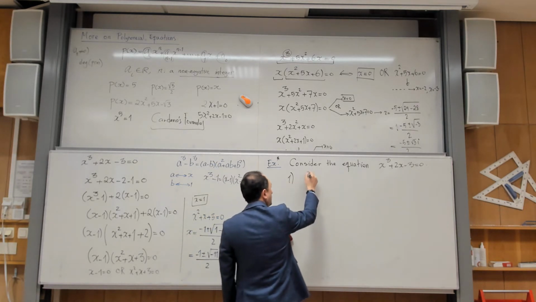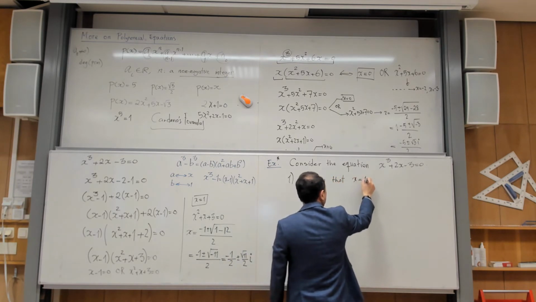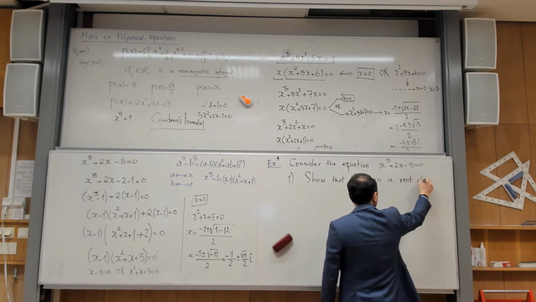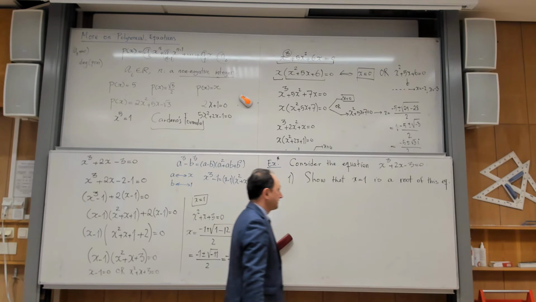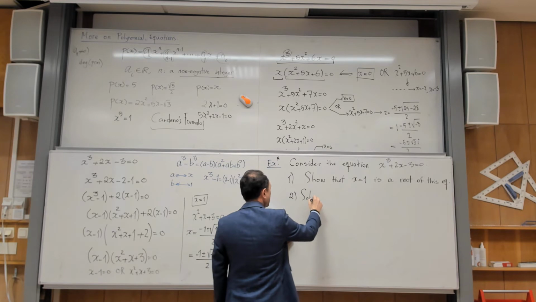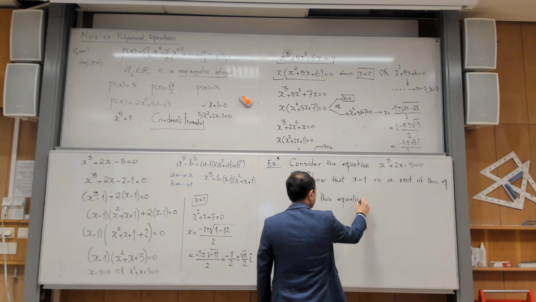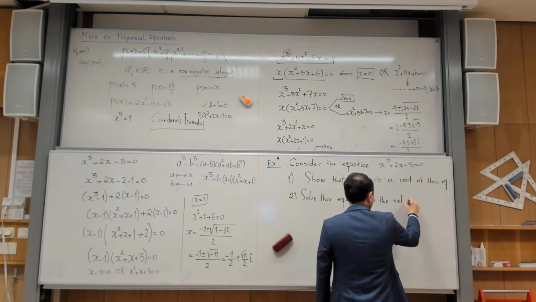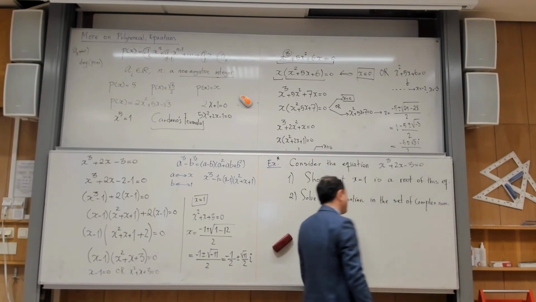Number one, show that x equals to 1 is a root of this equation. Okay? Number two, solve this equation in the set of complex numbers. Yes?